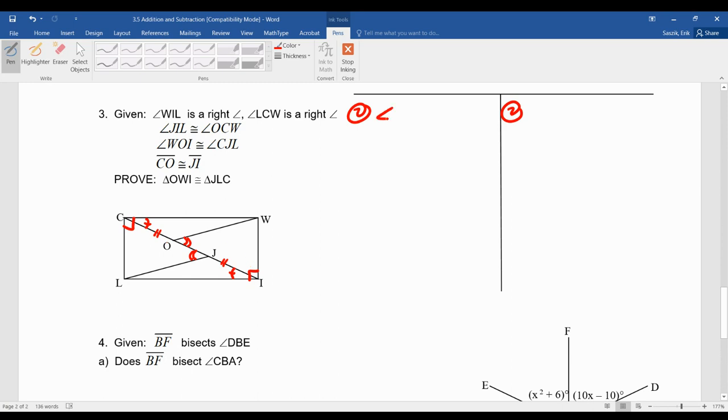So let me start off by saying that the right angles are congruent. So angle WIL is congruent to angle LCW. If angles are right angles, then congruent. And that gives me this angle and this angle, so angle LCJ congruent to angle WIO.